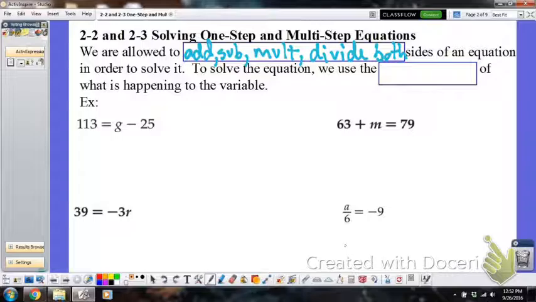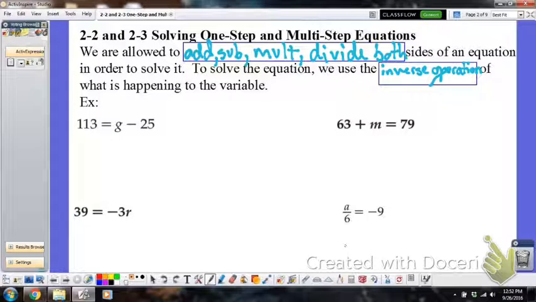To solve an equation, we use the inverse operation of what is happening to the variable. So let's take a look at our first example.